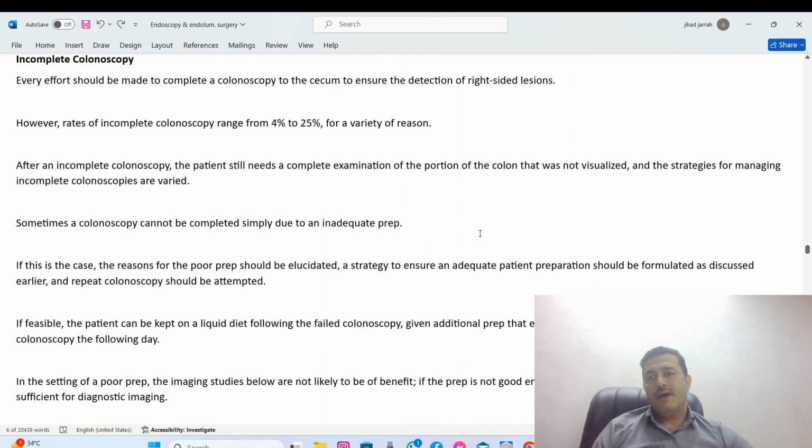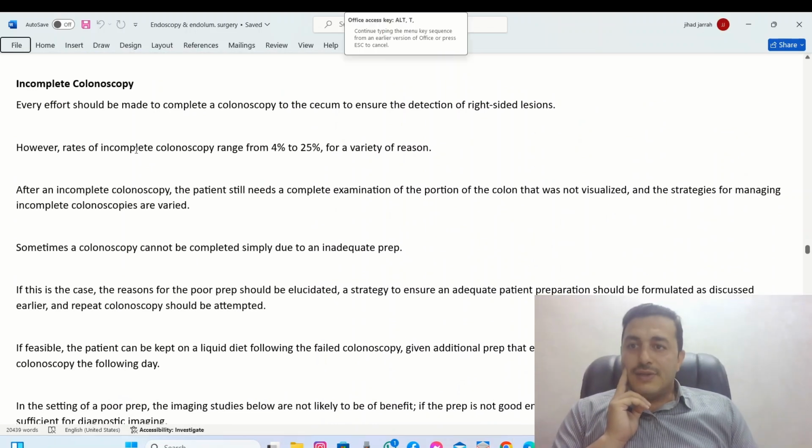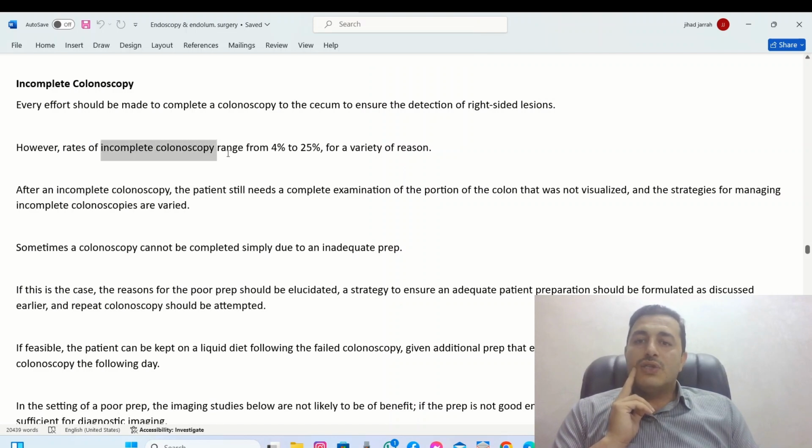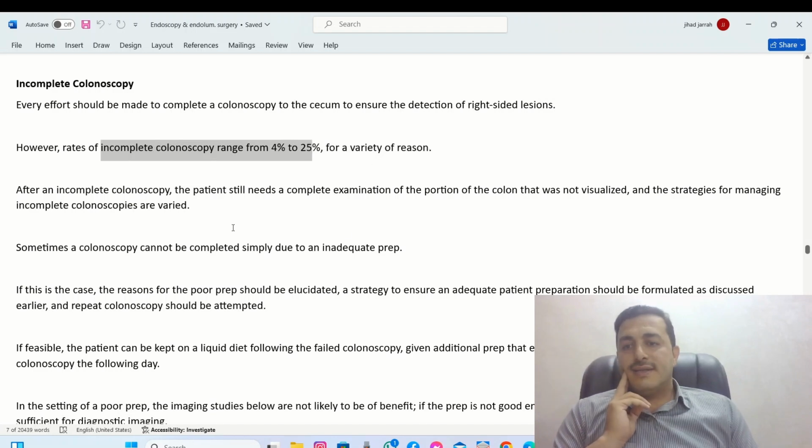Okay. Incomplete colonoscopy should be completed. As you see, incomplete colonoscopy ranges up to 25% for different reasons. We should ask ourselves why it is incomplete. Is it due to inadequate bowel preparation?